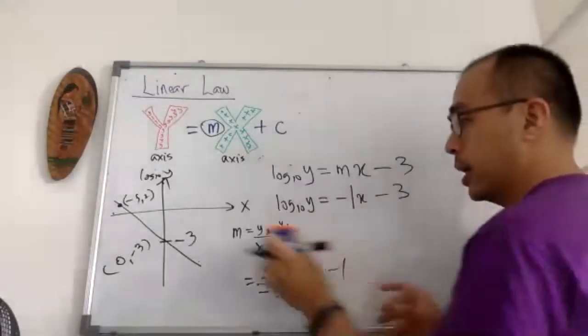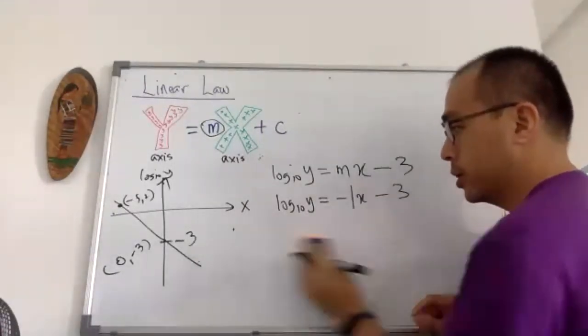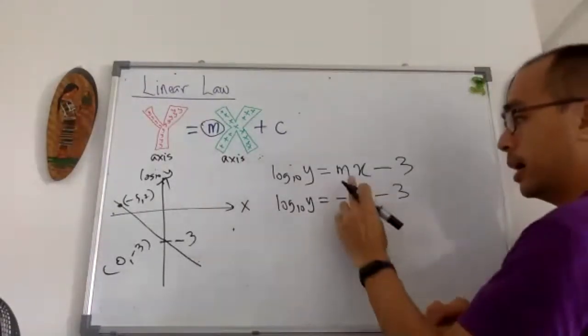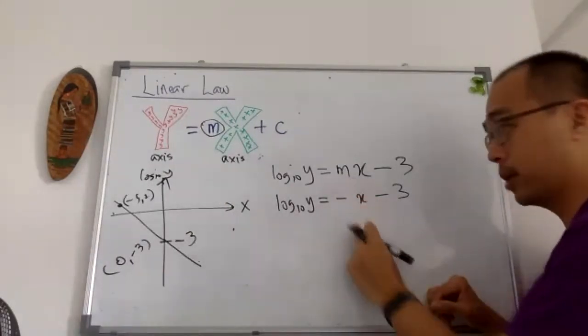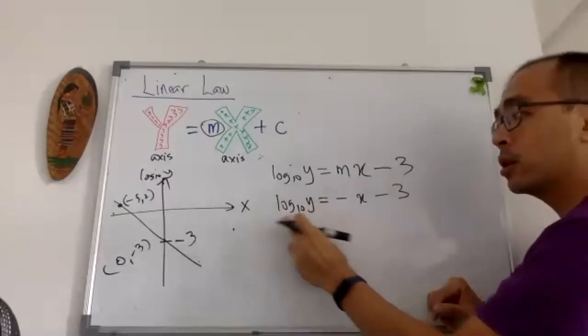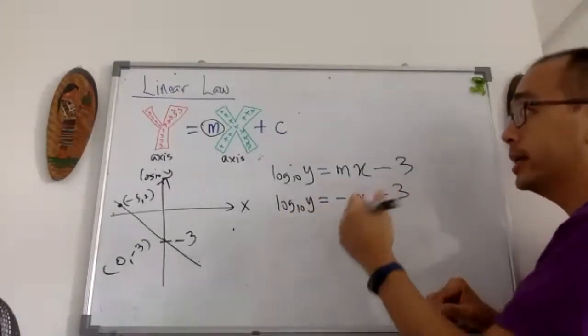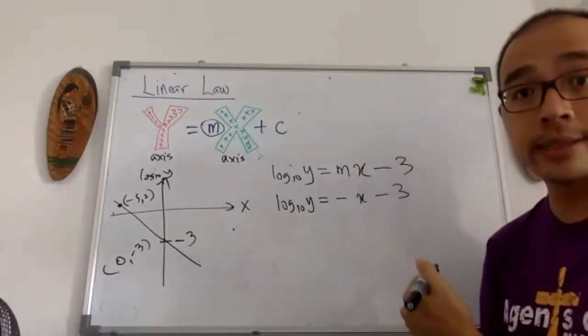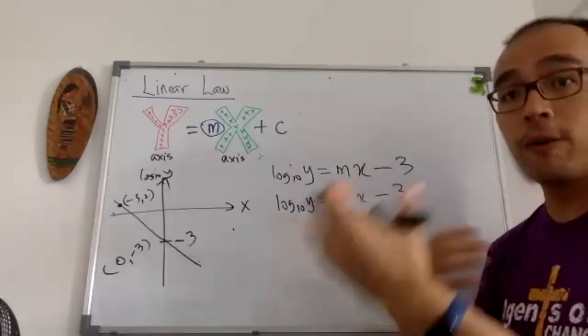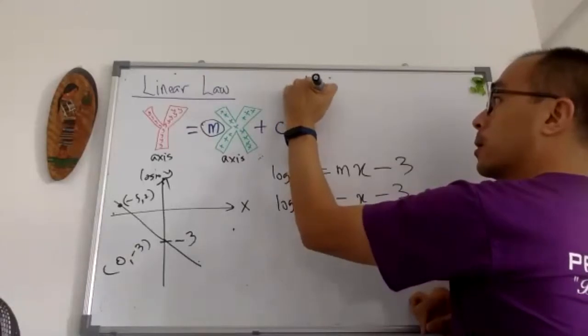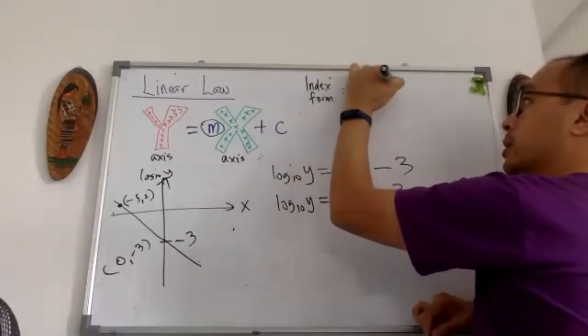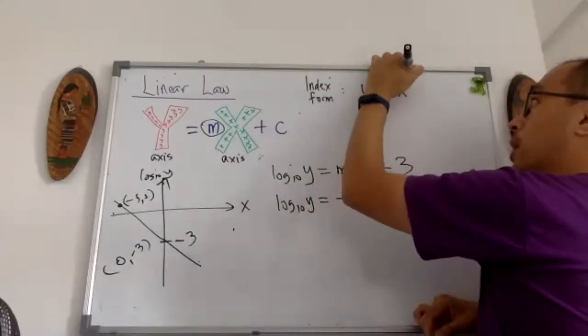So I'm going to rub this off and show you. Since this is negative 1, I'm going to remove the 1 because it's the same anyway. And how do I make log 10y become y? I need to remember the relationship between index form and log form. Index form is y equals to a x to the power of n.